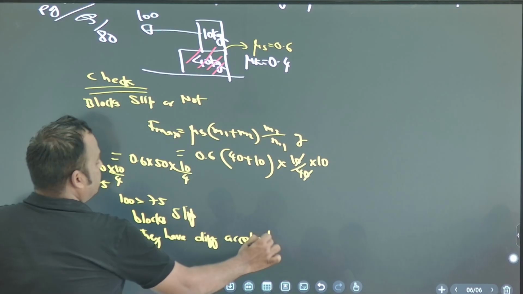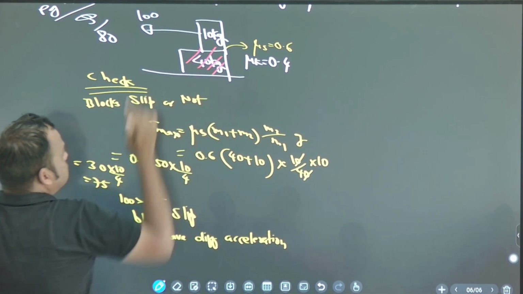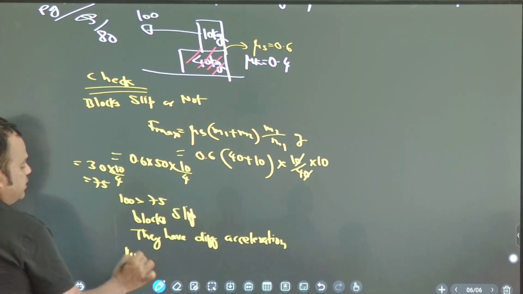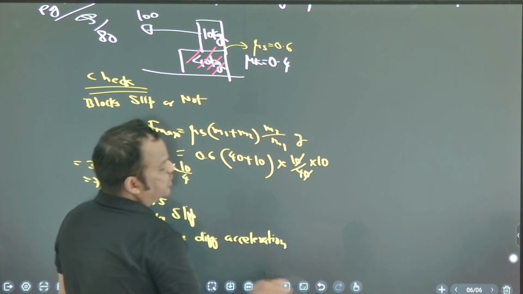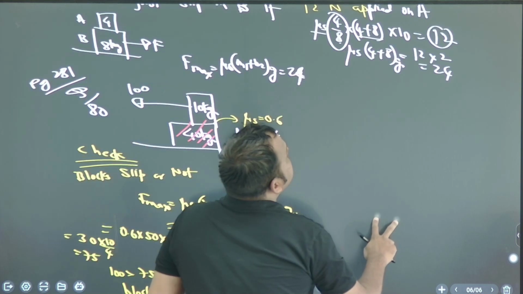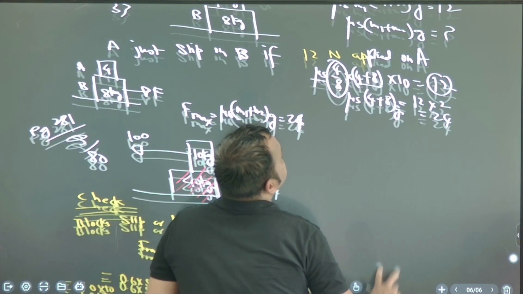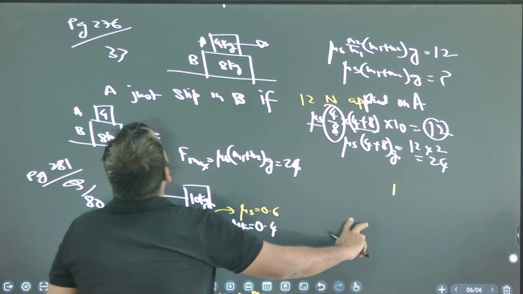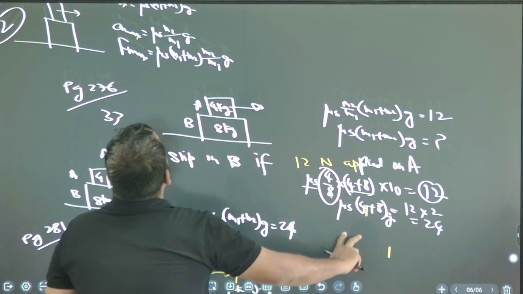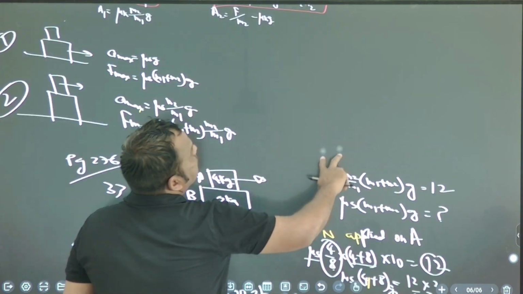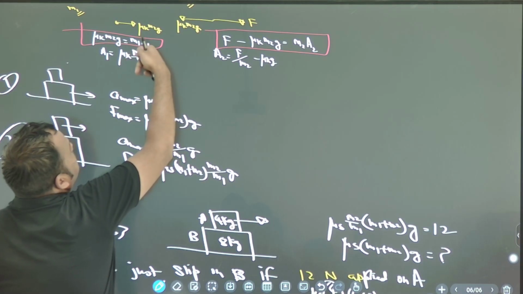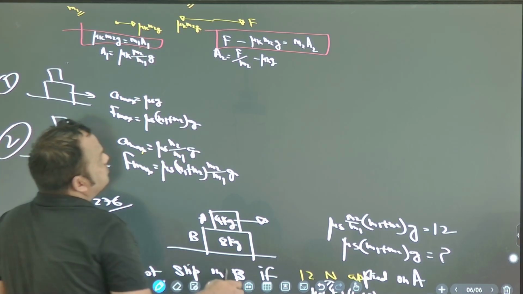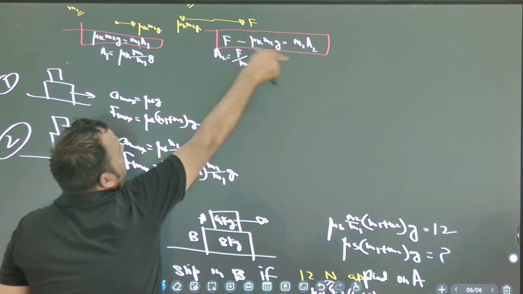So what is the formula for the lower block? Mu k. For the lower block, what is the formula? Tell me. Mu k, that means A1. A1, what is the formula? Mu k M2 by M1 G. And A2, you calculate using this.